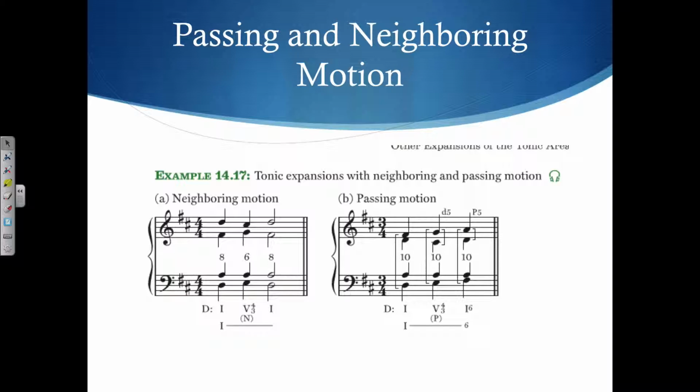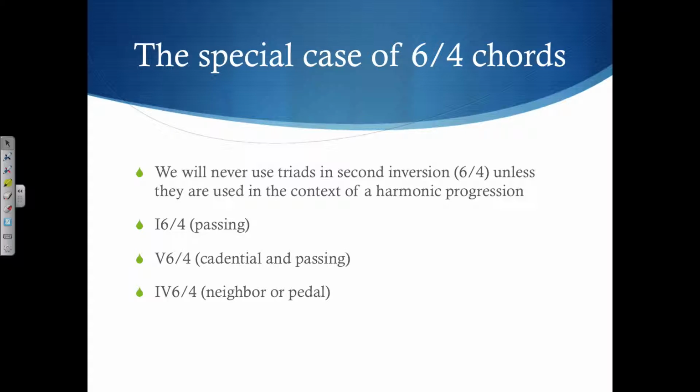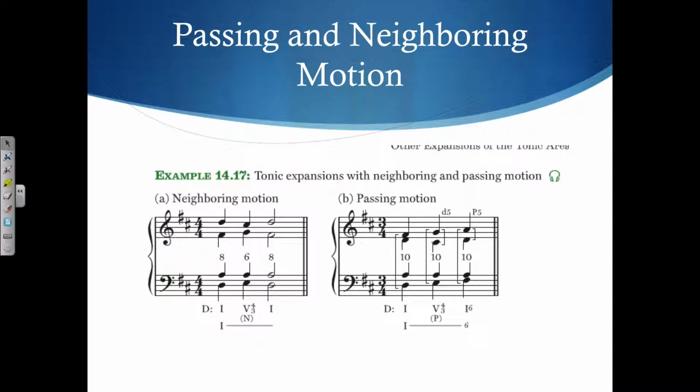Before we understand how they're used, we have to understand this idea of the special context, which is motion. We'll see that 6/4 chords are always associated with other chords. We have two types of motion here that come from counterpoint. One is neighboring motion, where a single voice goes below or above by step.